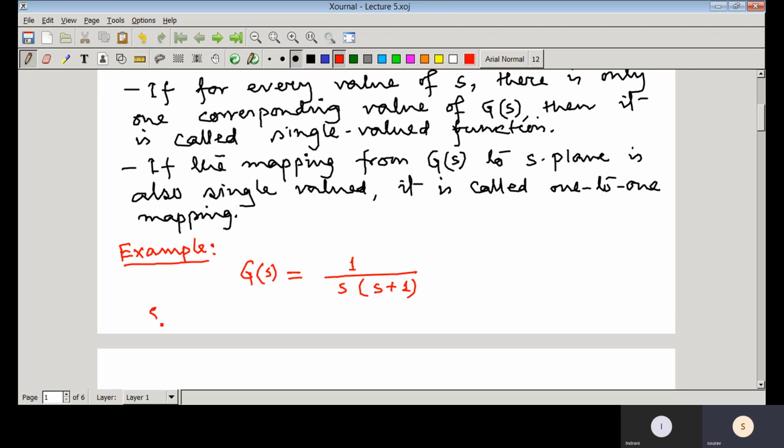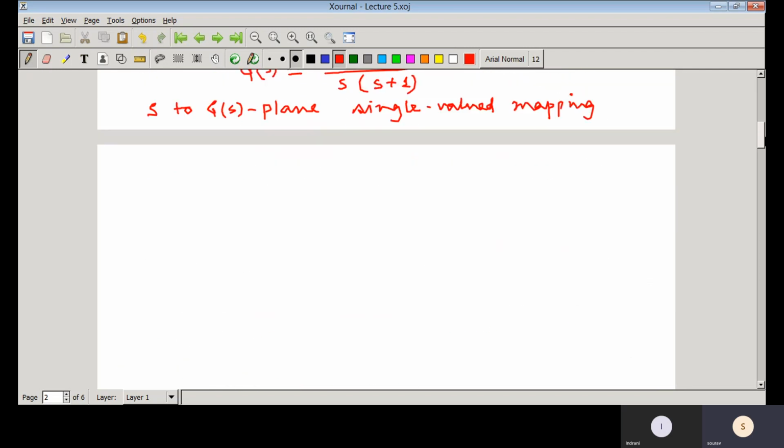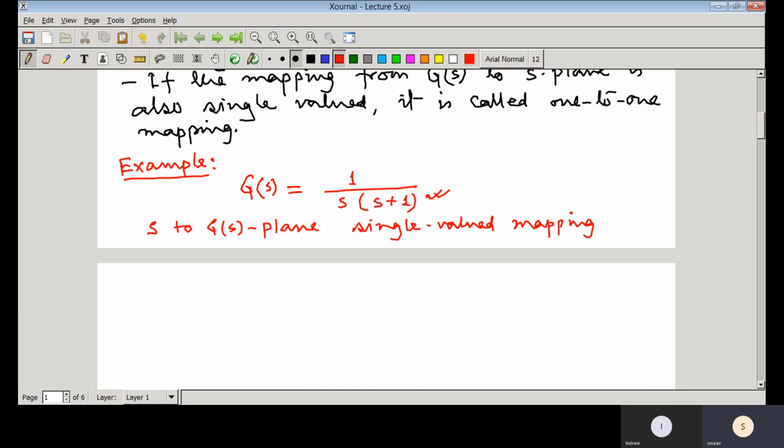In this case, it is a single valued mapping, because if you take any point in the S plane, any value of S, then you will get a single value of G(s). So it is a single valued mapping.